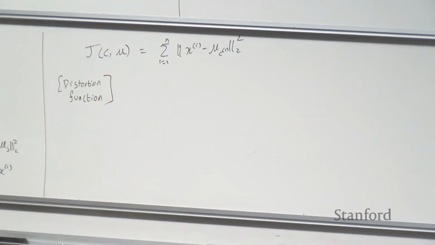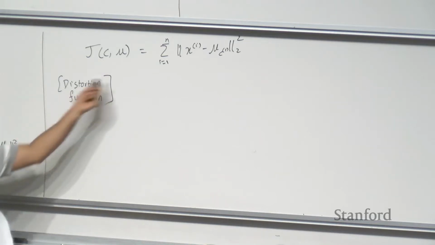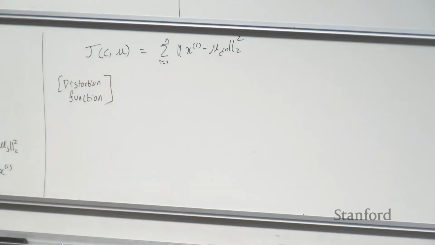And the k-means algorithm is basically an algorithm for minimizing this particular loss, or the distortion function, in the form of coordinate descent. So what's coordinate descent?